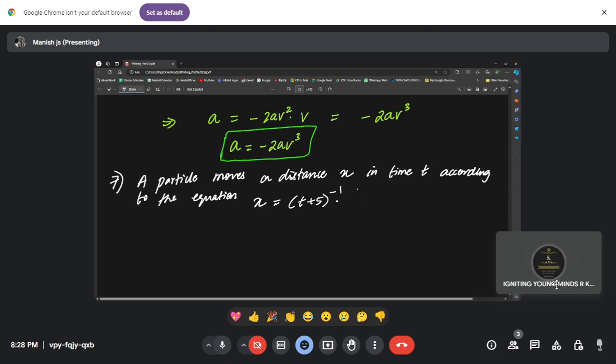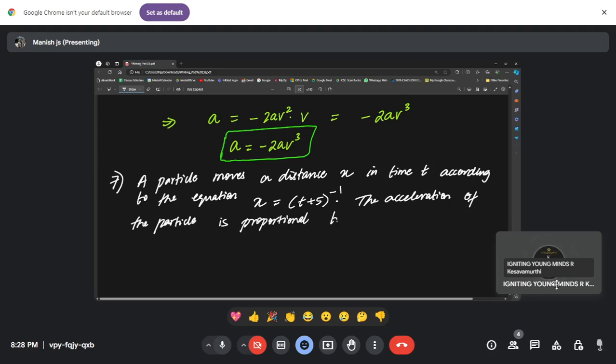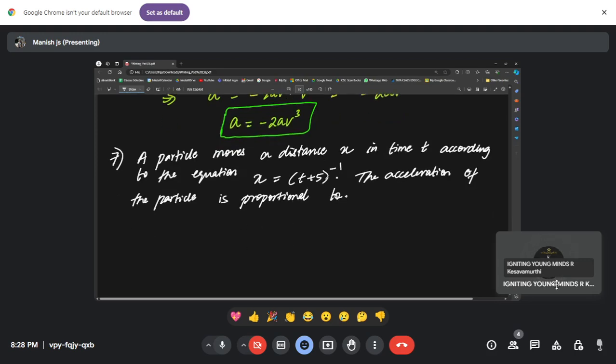The acceleration of the particle is proportional to... So what is the value of acceleration proportional to? That is what they are asking in this question. I hope I'm audible.